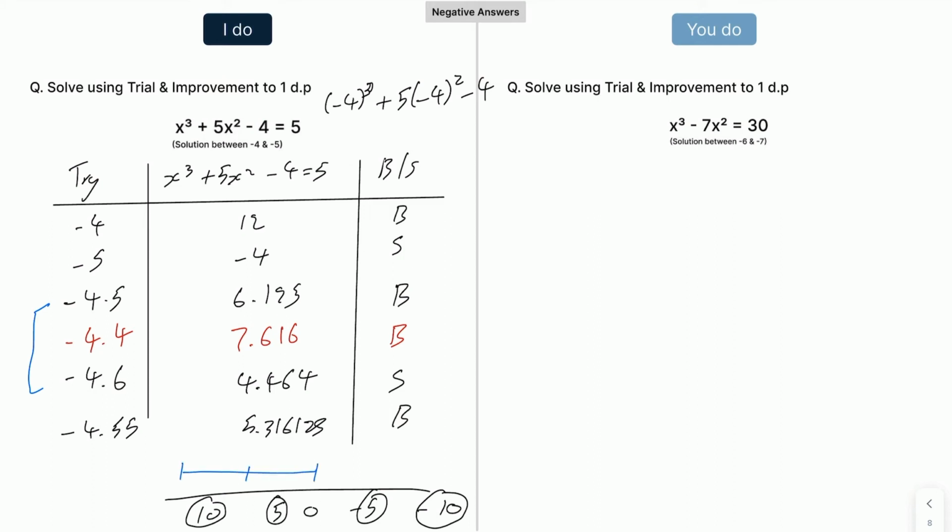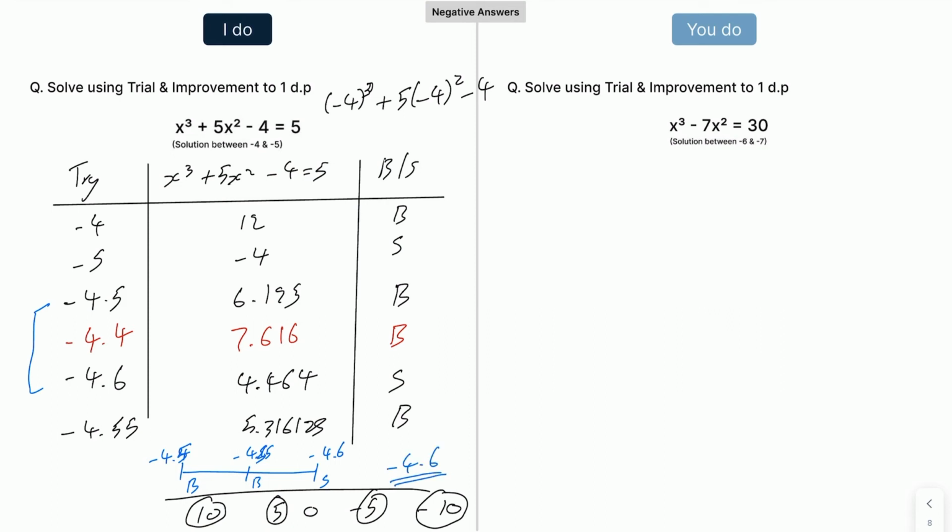This was -4.5, this is big. This was small. This was big. So that means we have trapped the value in this range here, and the answer is minus 4.6 to 1 decimal place.